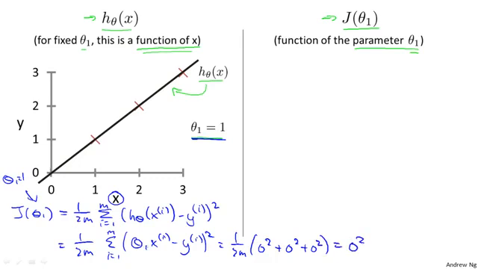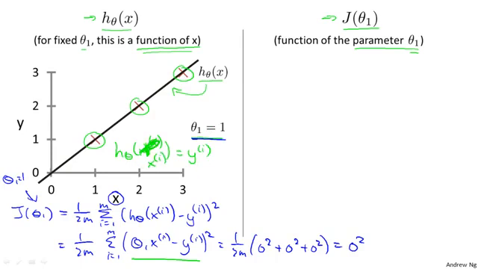Now, inside the cost function, each of these terms is equal to 0 because, for the specific training set I have, where my 3 training examples are at (1, 1), (2, 2), (3, 3), if theta 1 is equal to 1, then h of x i is equal to y i exactly.